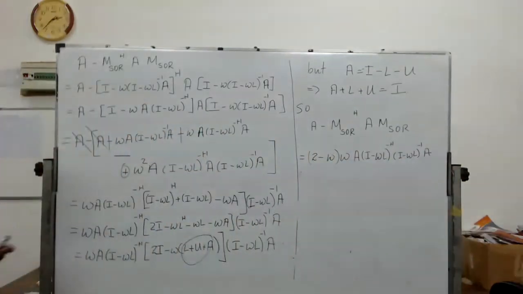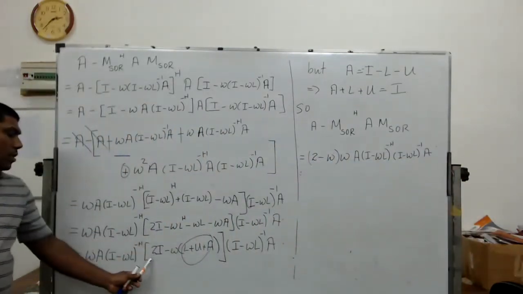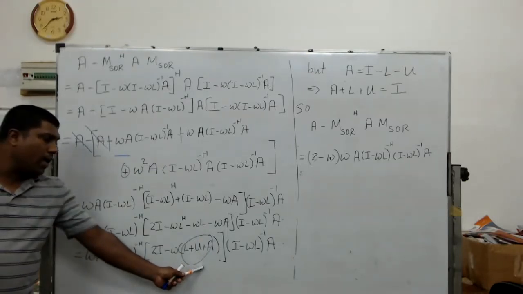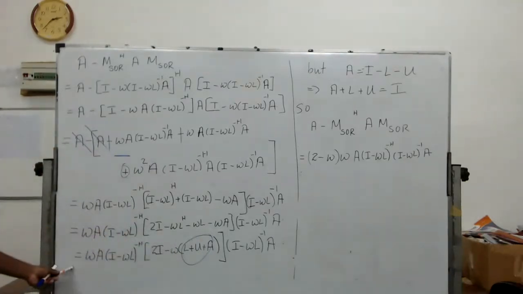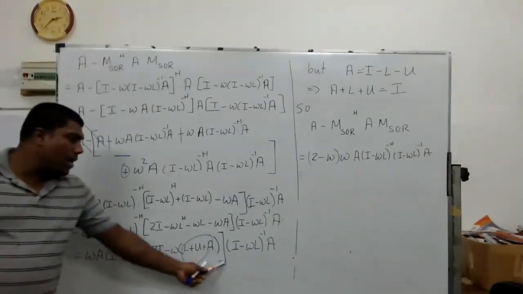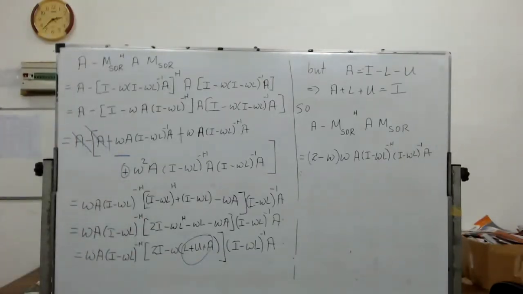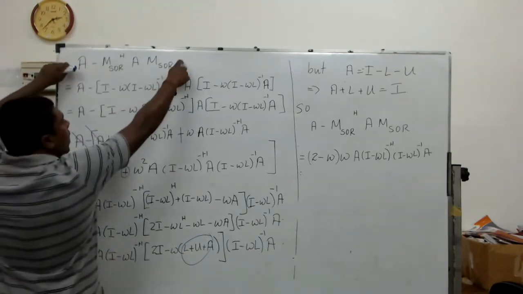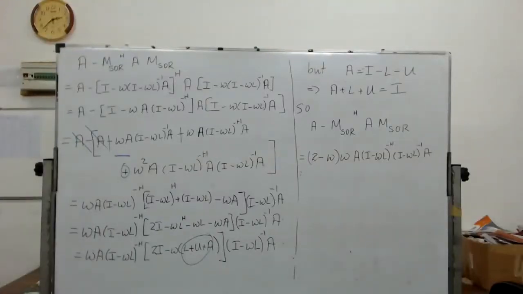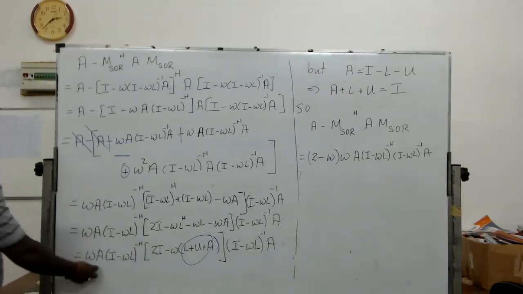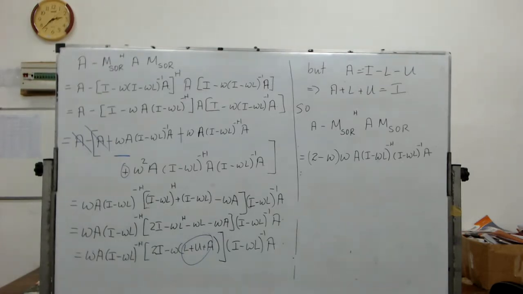So because this one is I, this becomes 2 minus omega I. So 2 minus omega is a number, so you can bring it in front. And I is the identity matrix, so when you multiply, it does not change anything. So you eventually will end up with this one, right? A minus M Hermitian A M is actually equivalent to 2 minus omega times A times (I minus omega L) Hermitian times that, right?